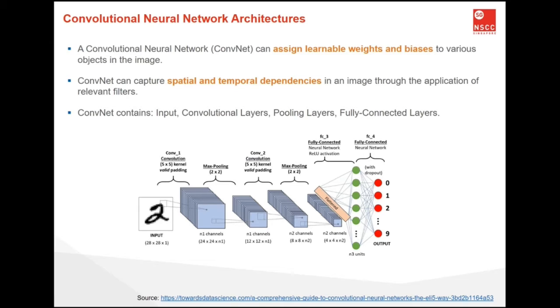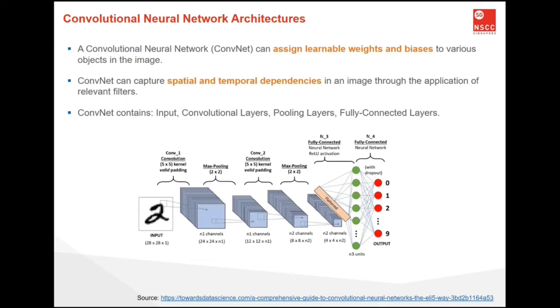The preprocessing required in a convolutional neural network is much lower as compared to other classification algorithms, while in primitive methods, filters are hand engineered. With enough training, CNNs have the ability to learn these filters and characteristics.